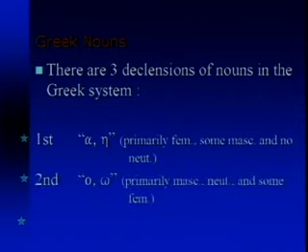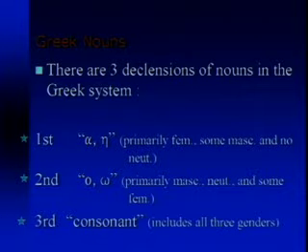The second declension, what we're going to deal with here in just a moment, is distinctive in the sense that its endings employ the omicron or the omega. And it just so happens that in the second declension, you have primarily masculine and neuter nouns with just a few feminine nouns.